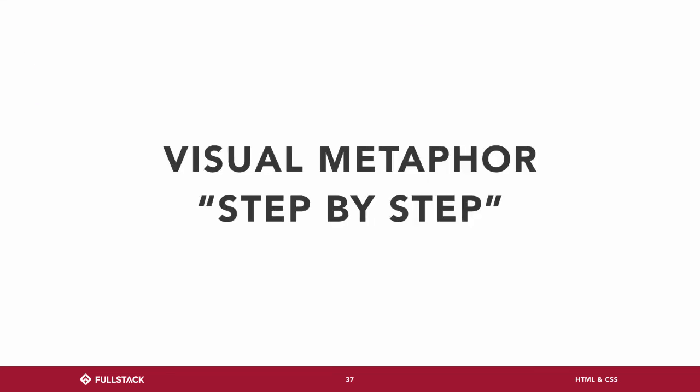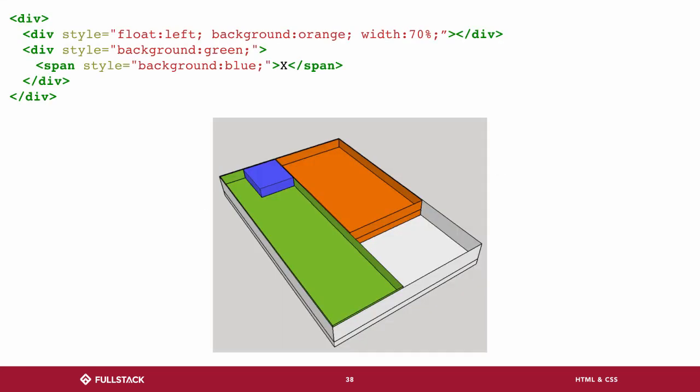So if we look at this step by step, what really ends up happening, if we think about these without the float, is we've got this orange div sitting inside this box at 70% of the width. We've got this green div which is going across 100%, and we've got this span which just takes up its content, which is what inline elements end up doing.